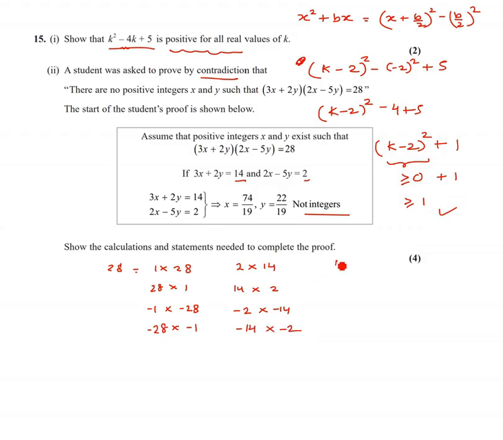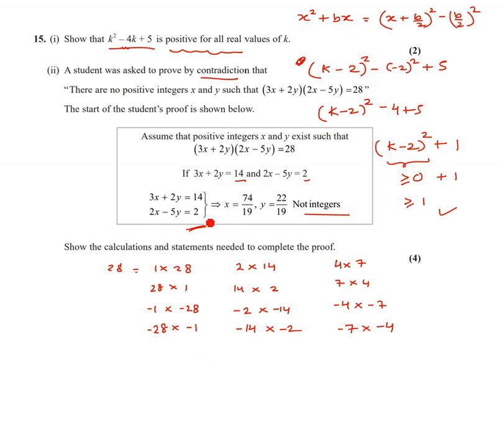And then 4 times 7 is 28, 7 times 4, minus 4 times minus 7, and minus 7 times minus 4. So these are the other pairs that he needs to consider as well. He only used one of them. So there are like 12 possibilities, and he only showed one possibility here.